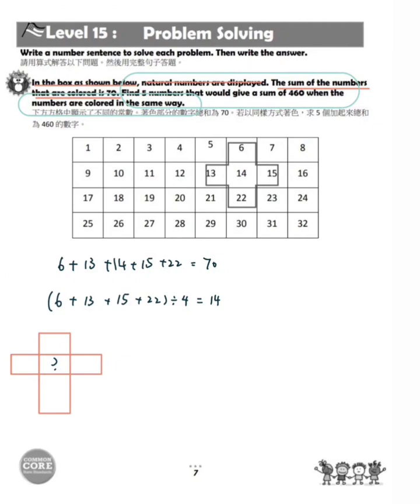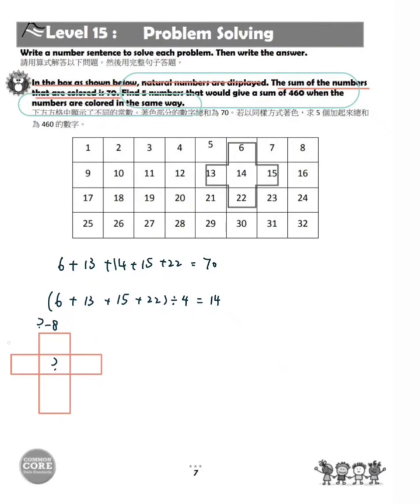Another thing that you need to know is the middle number and the top number have a difference of 8. So question mark minus 8 will be equal to the top number.